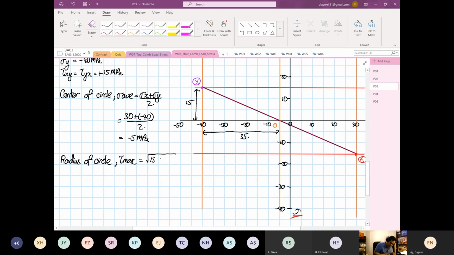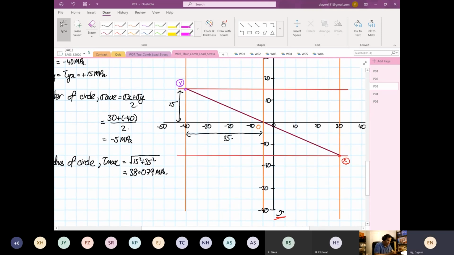So it's 15 squared plus 35 squared, which is equal to 38.079 megapascal. I do it again, 15 squared plus 35 squared, 38.079.